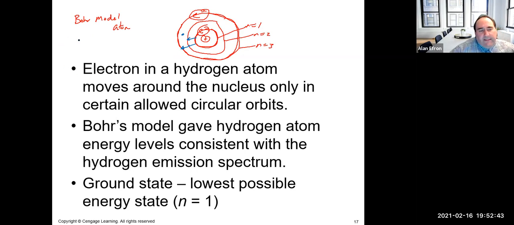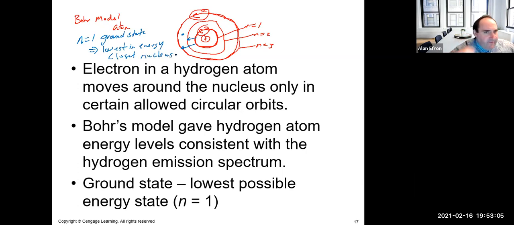So when we talk about these energy levels, as I mentioned the other day, n equals 1 is sometimes referred to as the ground state. And that is the lowest in energy. It's also the closest to the nucleus.